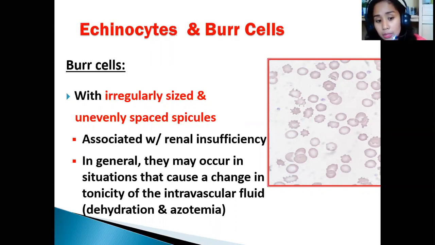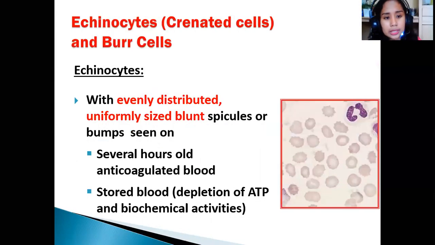This is common in kidney disease, renal insufficiency, and azotemia, which, if I'm not mistaken, is an increase in urea and NPNs, and in cases of dehydration. So, guys, let me reiterate: echinocytes are usually an artifact, so no disease is involved here. It's due to the anticoagulant present in the blood.